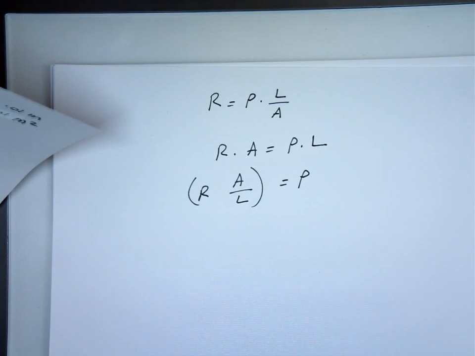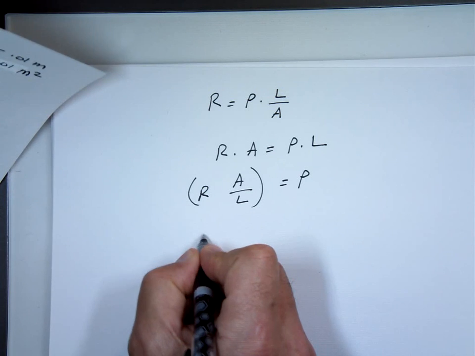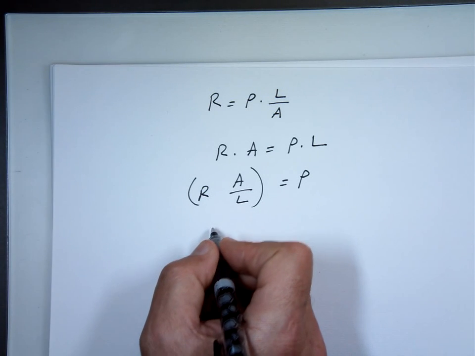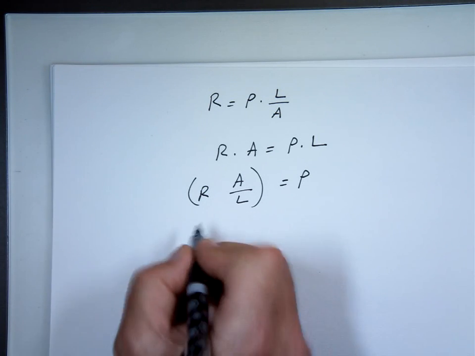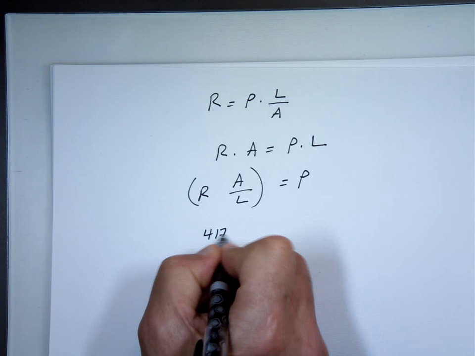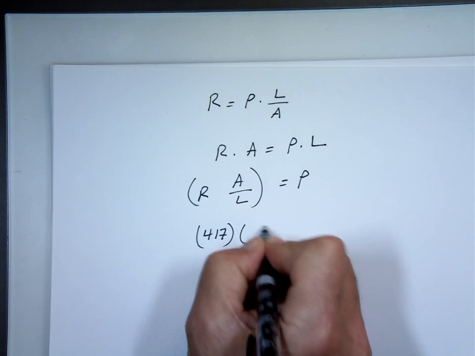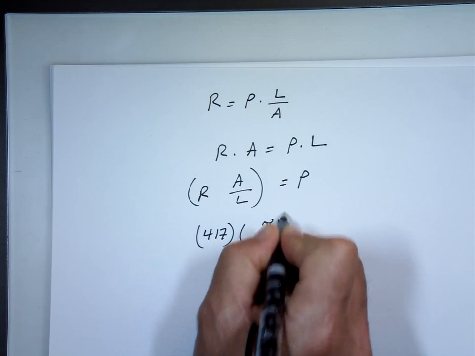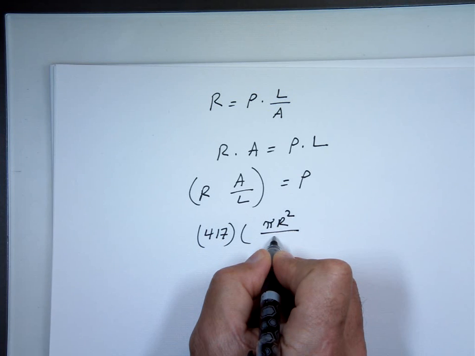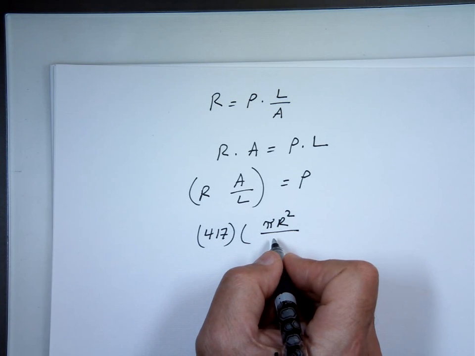They're saying we know R, what was it? They want it to be 417. They're giving us the cross-section area, which is pi r squared, divided by the length of the cable. And the length of that cable was 3.9 times 10 to the 6, 24 miles.